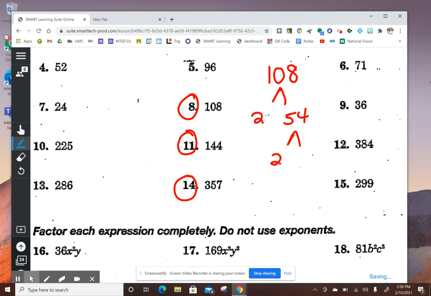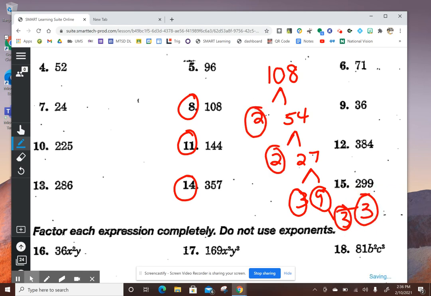Divide by 2 again and get 27. 27 divide by 3. Whoops, circled the wrong thing. And 3 here. So we end up having 2 times 2 times 3 times 3 times 3.